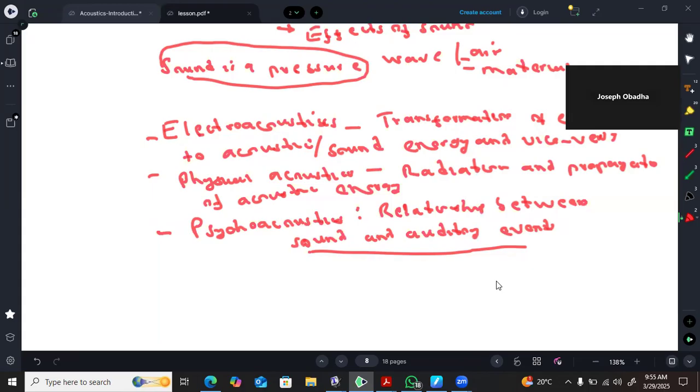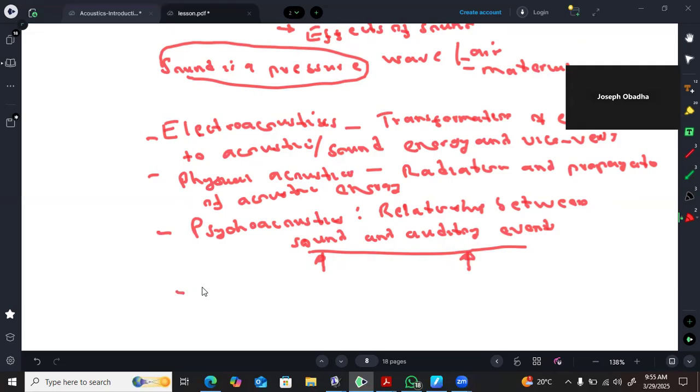And the music that they play at any given time, studies may have shown that when the customers listen to such type of music, then they're likely to buy the products in question. So you can see there would be a relationship between sound and the events that result when the sound has been heard.